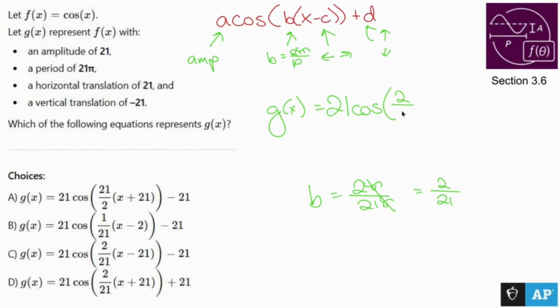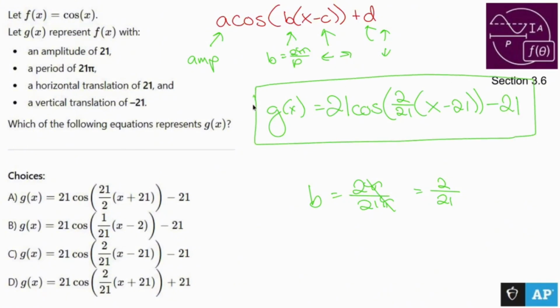So 2 over 21, parentheses, x minus c. Horizontal translation is regular 21. So minus 21, close it. And since we have a vertical translation of negative 21, I'm going to put minus 21. So that's going to be my equation right there.